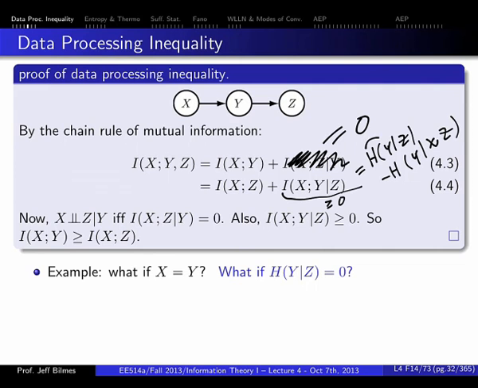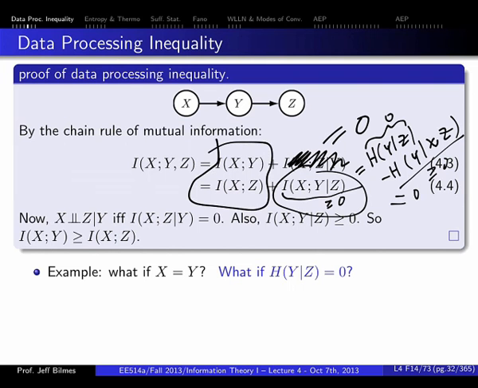This guy's already 0. This guy's greater than or equal to 0. Conditioning reduces entropy, so the whole thing has to be equal to 0. So therefore, this whole thing on the right-hand side is equal to 0, and we have that this is equal to this. Right?